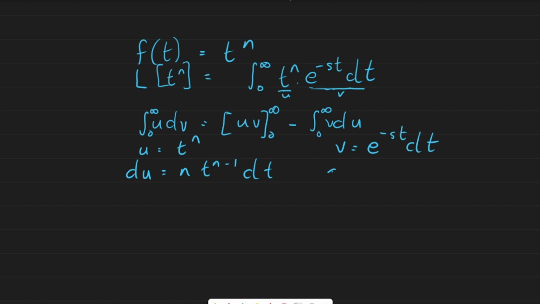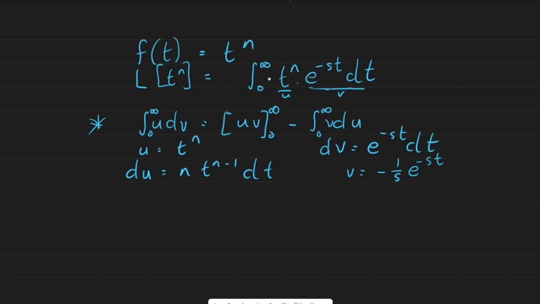So that's u and that's dv. That means that v, we have to integrate it, is equal to minus 1 over s times e to the power minus st. Now we just put it into our formula for integration by parts, and we get our expression.